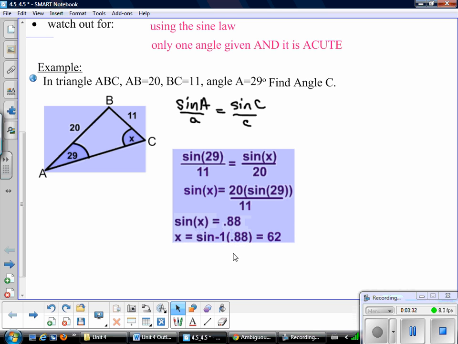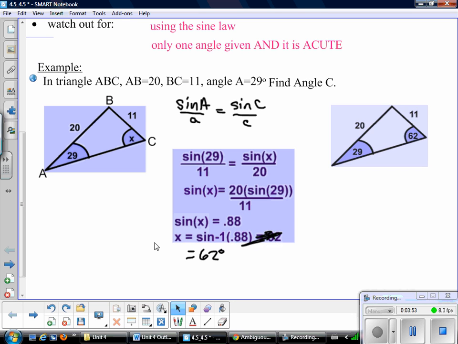Now, really poor form here, two equal signs per line, so don't you dare do that. In fact, I'll just stroke it off. So it equals 62 degrees. Form is so important. So that triangle that I just figured out is this one. No big deal.